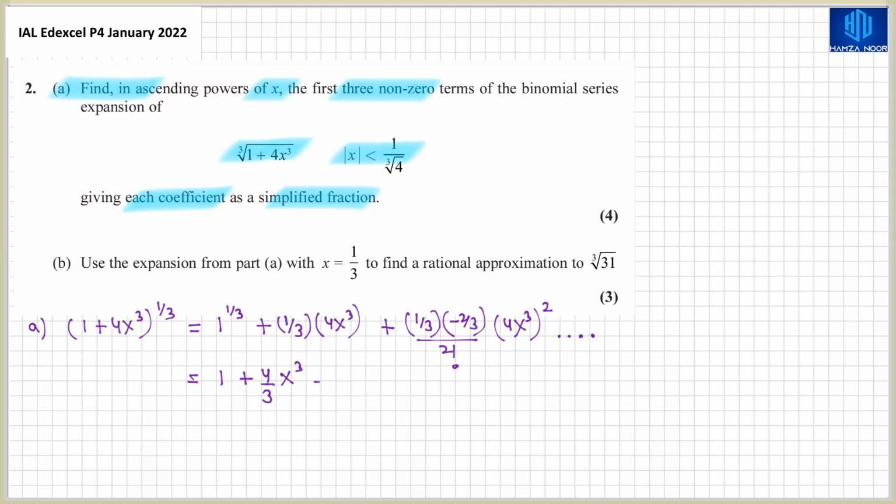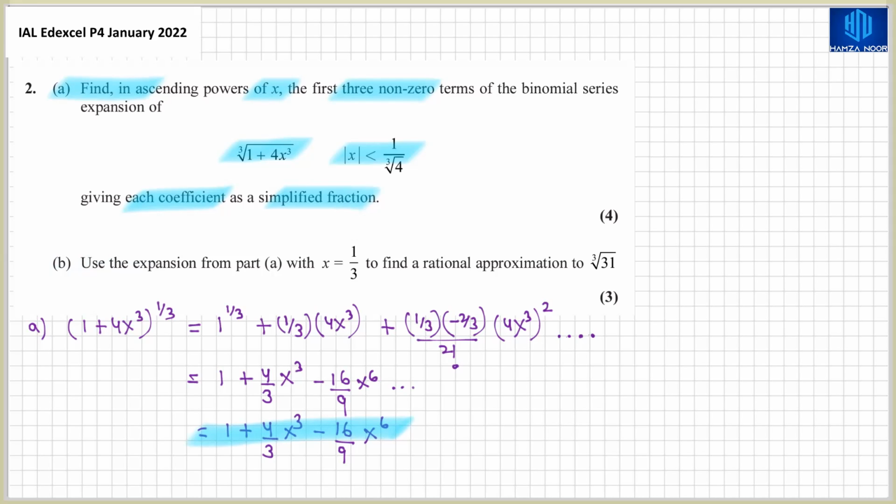So this is minus 16 over 9 multiplied by x raised to the power 6, because x cubed is also squared. And here we have the first three terms. Therefore, the answer is 1 plus 4 over 3 into x cubed minus 16 over 9 into x raised to the power 6. This is the answer to part A.